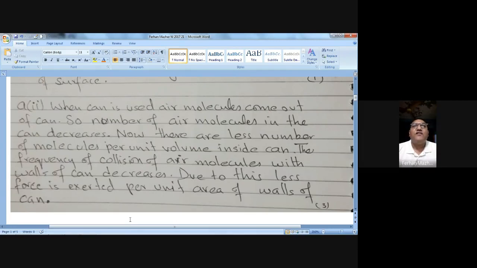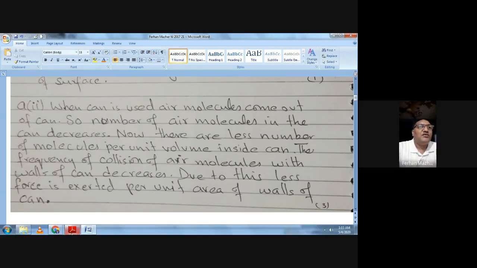The frequency of collision of air molecules with the walls of the can decreases. Due to this, less force is exerted per unit area on the walls of the can. It's a 3 mark question. Very important description. I hope you have understood it and you will also remember this description.